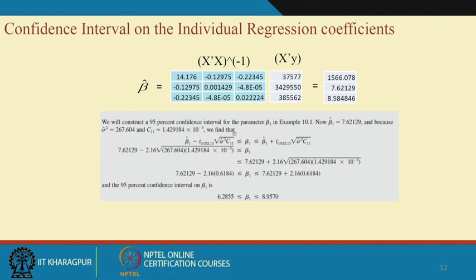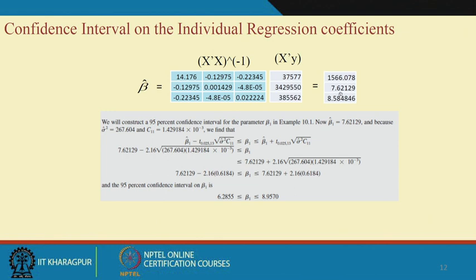So, we find that beta 1 cap minus 2.16 times this, less than beta 1 less than beta 1 cap plus t 0.025, 13 degrees of freedom.